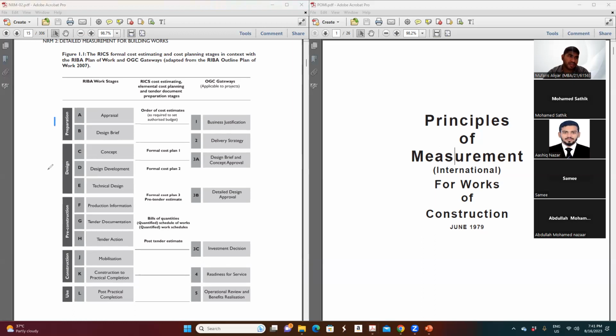This is the preparation phase, and the design phase, pre-construction phase, construction phase, use. Okay. So NRM1 is used during, I can say, this phase. Phase 1 and 2, the preparation phase and the design phase, mostly it is used in the design phase.